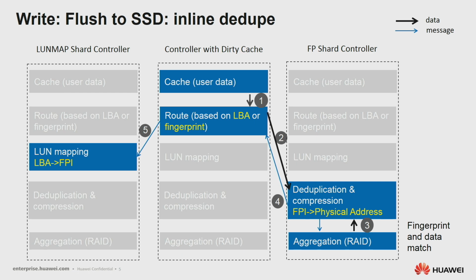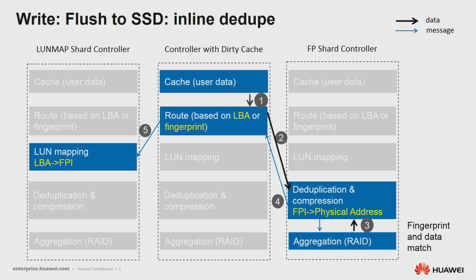I'm trying to describe the inline dedupe flow. We have the data here, we route based on the fingerprint. Then we find the fingerprint shard controller. These two controllers can be the same. Shard just means logically where we find the fingerprint home shard. Then we compare the fingerprint as well as the data.